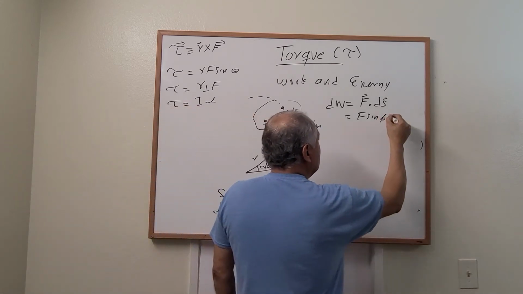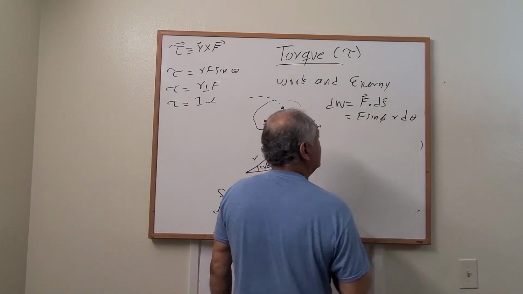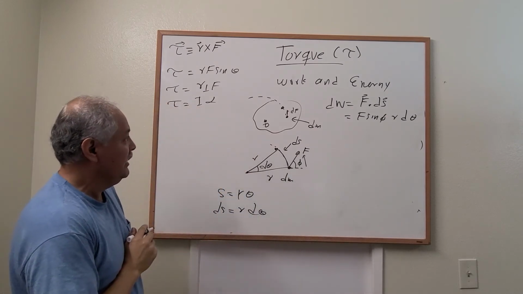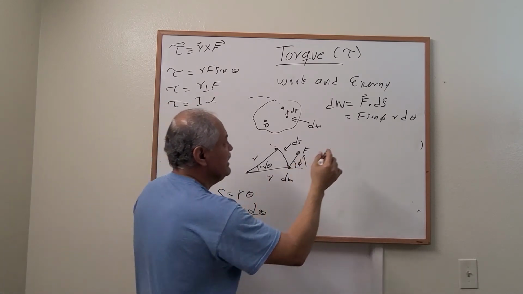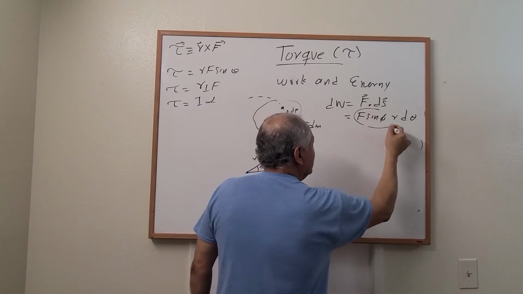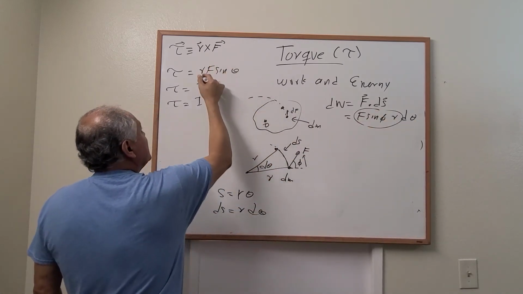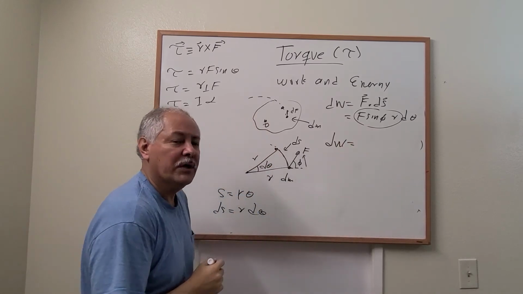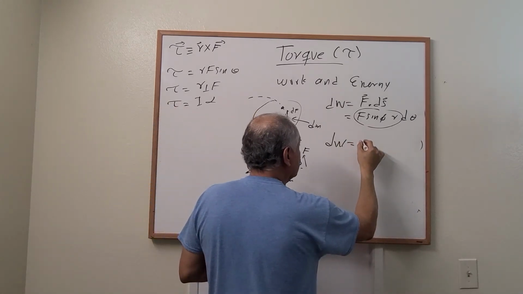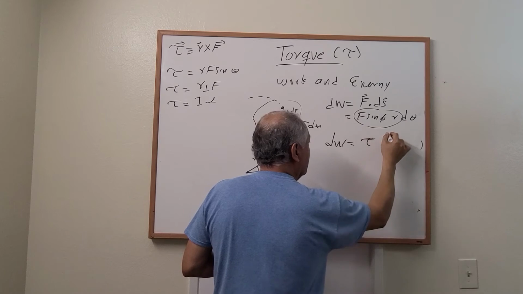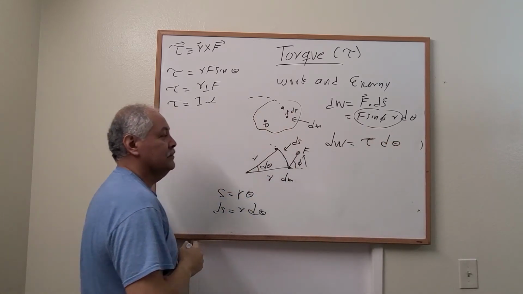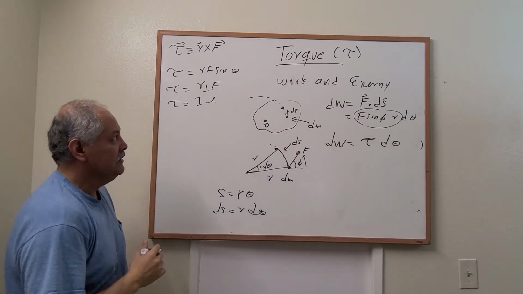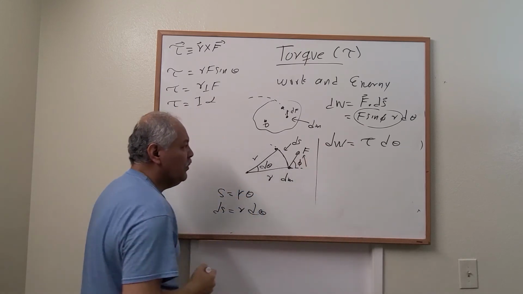But what is this quantity? This quantity is just the torque right here. So this element of work is equal to torque, tau, times d theta. Tau d theta. Perfect.